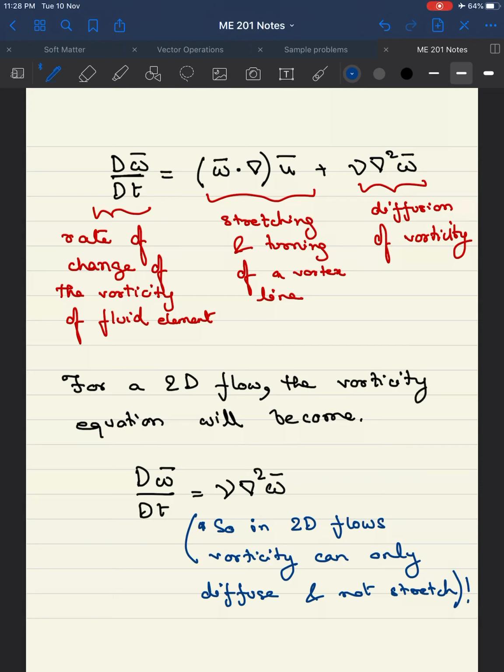This is such an interesting situation. And what if you have an inviscid flow? Like we had taken the Euler's equation where viscosity was 0. What if you have that particular case? Then this term is also going to 0.